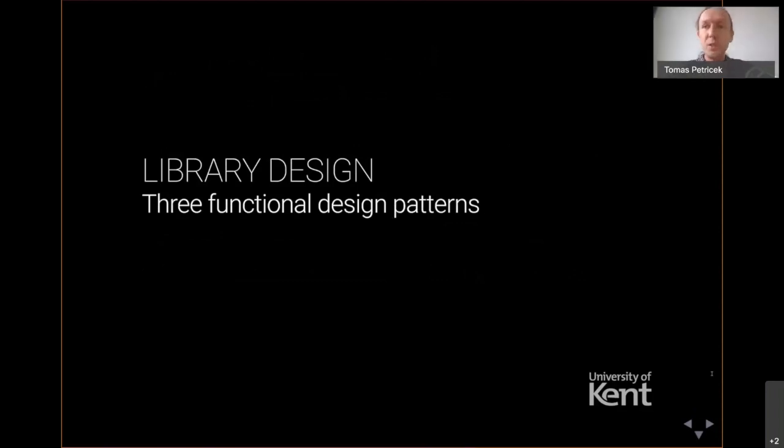There are also somewhat more general design patterns that you can extract from this example. I'll just talk briefly about 3 different design patterns that I think are very common, definitely in functional programming. I think they would be applicable to other areas as well, and they are nicely illustrated by what I was showing.